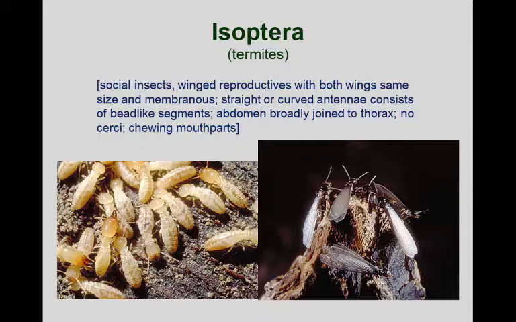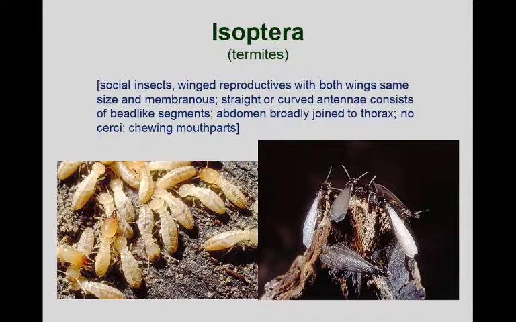The term that we use is eusociality, and what that means is that they have a division of labor. They've got a sterile worker and soldier caste. Then they have a reproductive caste, which usually is kings and queens, the kings being able to produce sperm, and the queens being able to produce eggs.